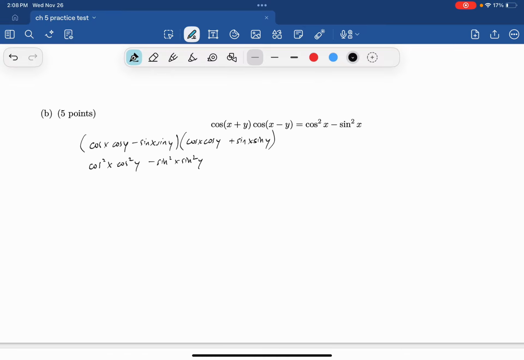I think I made a typo in the question. Must be. Oh no. Yeah, I did. This is supposed to say sine squared y. Okay, that's not good. Okay, I'll change that in the file.